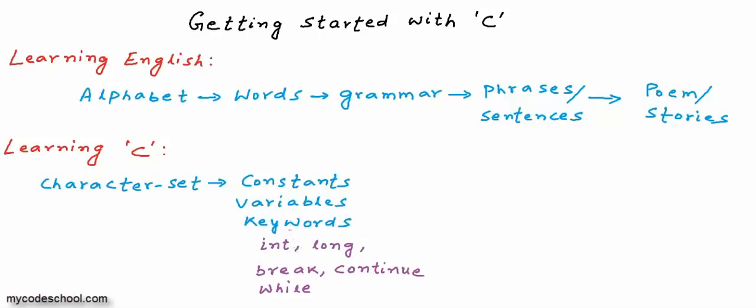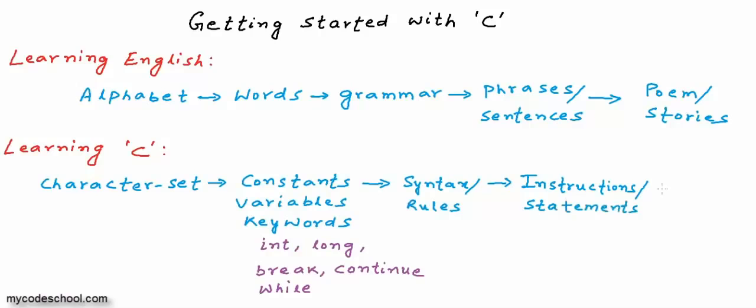But there is a finite set of keywords and they are not too many like words in English dictionary. Using these basic elements and some set of rules, we can write instructions, or what we can also call statements. And once we are able to write some statements, we can organize them in a structure to create a program.